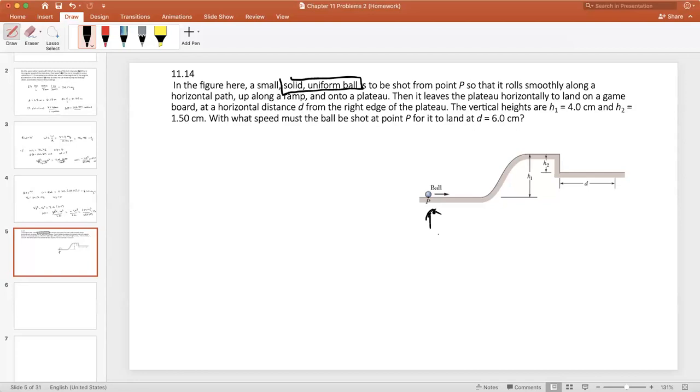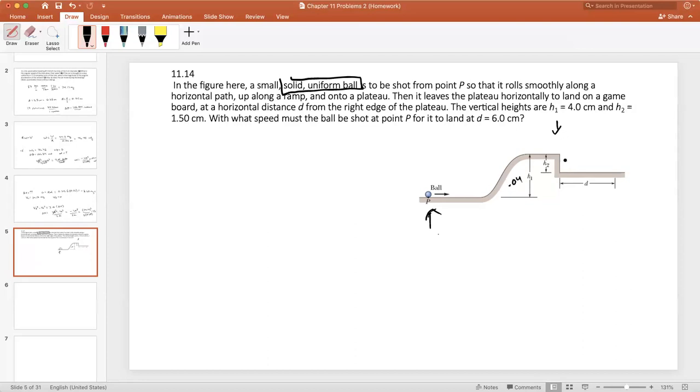So it rolls smoothly along the horizontal path, up along the ramp, and onto a plateau here. It then leaves the plateau horizontally and lands on a game board at a horizontal distance d to the right edge. In this, we know that this is 4 centimeters, so 0.04.